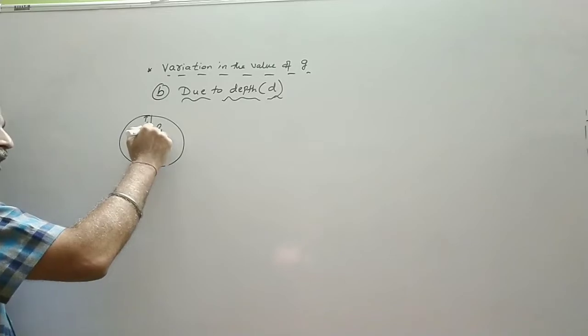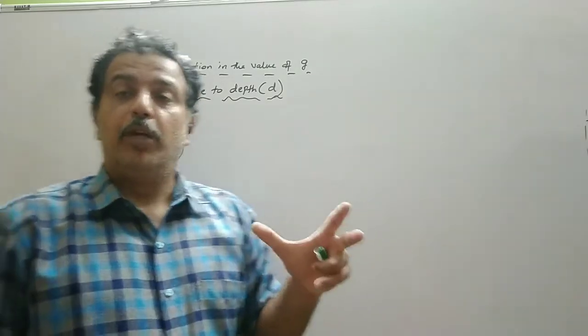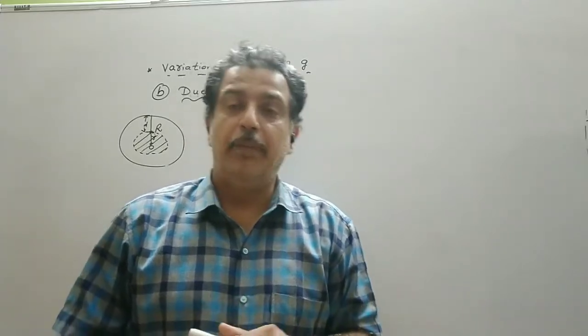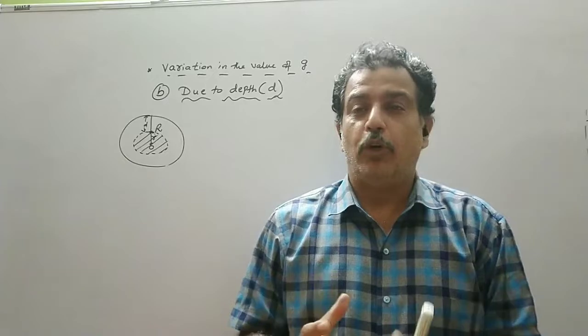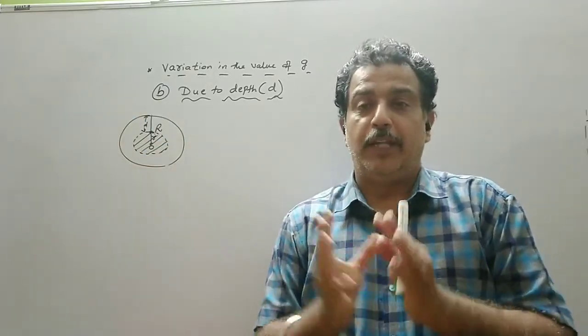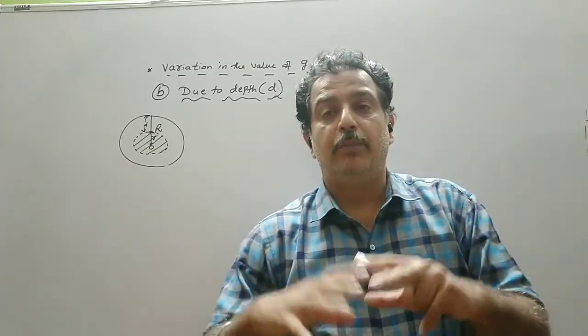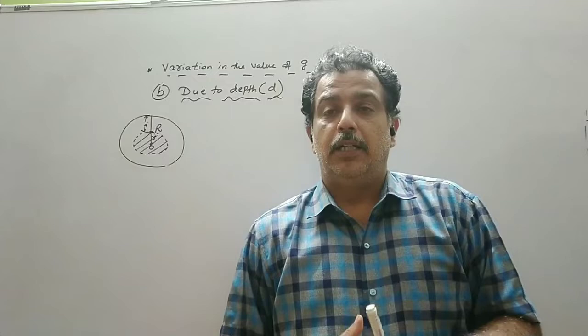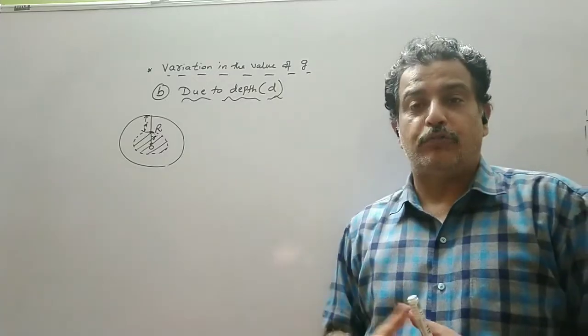Now when you are at this point, we assume that earth is made up of a number of concentric spheres. So we made two assumptions. One was the entire density of earth was assumed to be uniform, and another assumption was that the earth is made up of a number of spherical concentric shells, that is, hollow spheres.